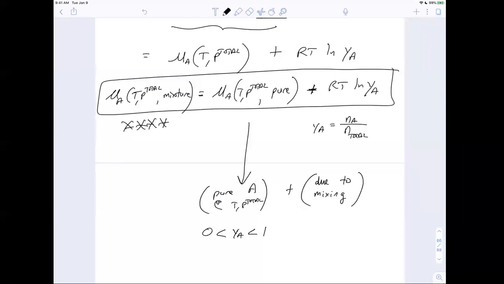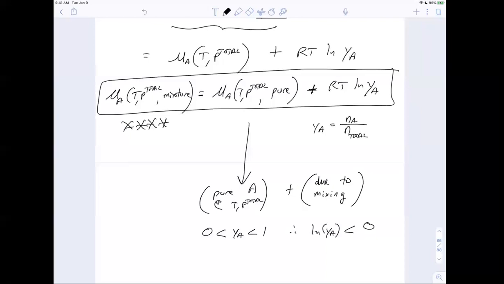If you have a mixture, it can't be 0 or 1, but it can be anything in between. And so the natural log of y sub A, what's going to be the sign? Anyone want to hazard a guess? Negative, exactly, because the log of something that's less than 1 is negative.